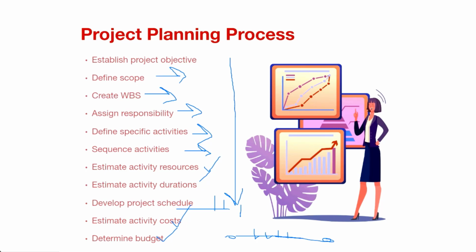And then what additional resources do they need? Do they need data? Do they need a computer? Do they need a space in which they have to work? Those three things, the person, the time and the resources, give you ultimately your activity cost. And then you add up all of your activity costs, and that will give you your budget.